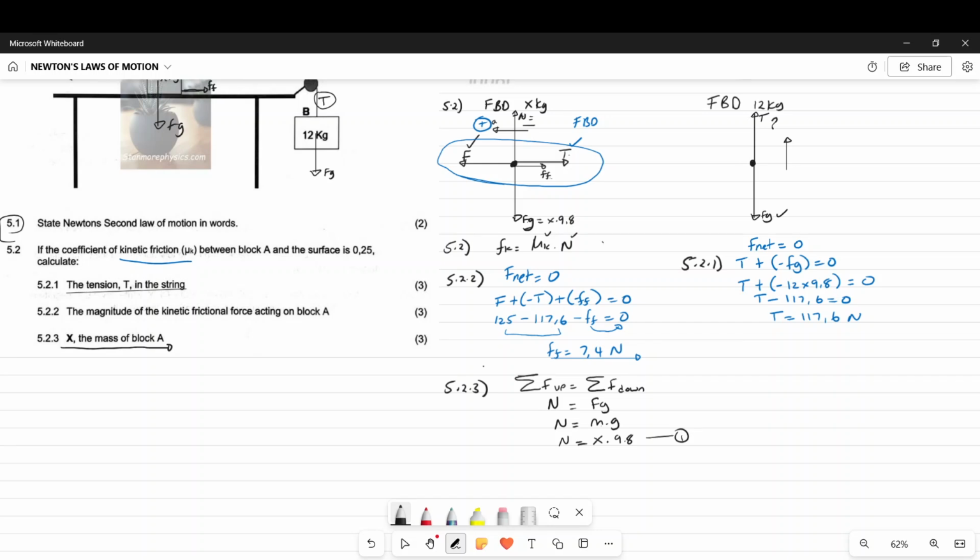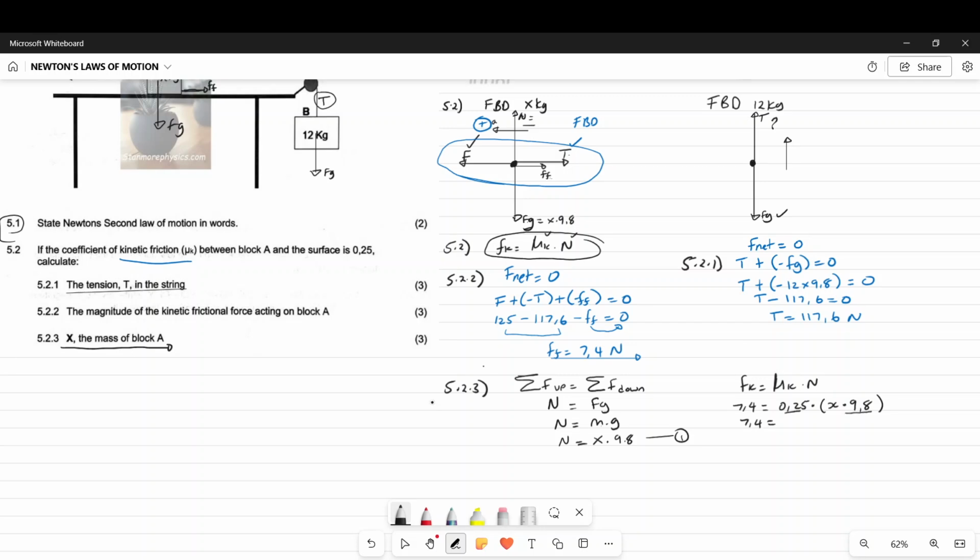So now let's come back to this formula over here, right? So now Fk is equal to mu k times N. So now we do have mu k, right? So now mu k is what? 0,25 times normal force, which we have, which says x times 9,8, right? This now is what? Fk. And what is Fk? We calculated over here, which is what? 7,4. So now we're gonna have 7,4, which will be equal.